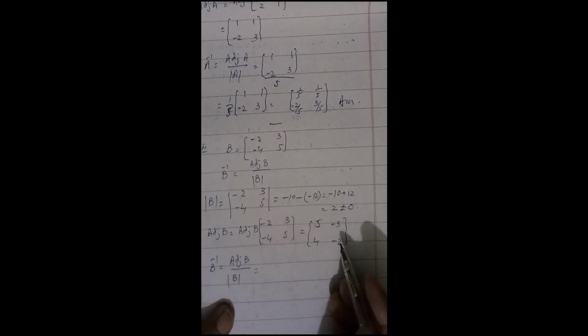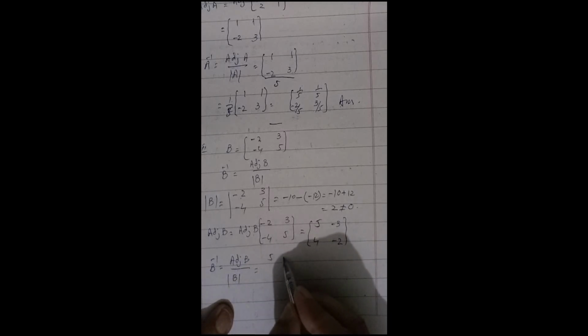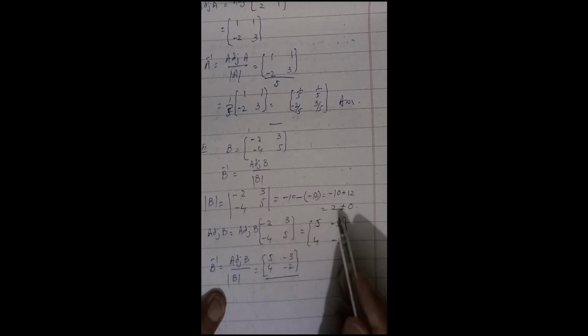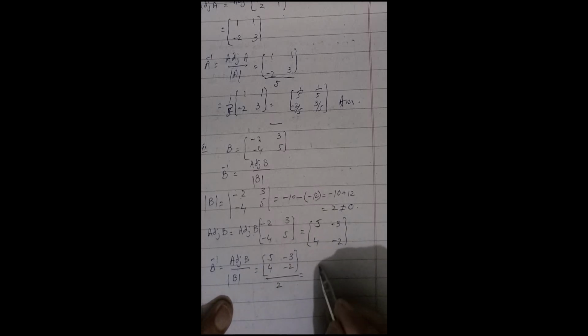Now B inverse is equal to adjoint B over B determinant. Adjoint B is 5, minus 3, 4 and minus 2, and B determinant is 2, so we write it as 1 over 2 times 5, minus 3, 4, minus 2.